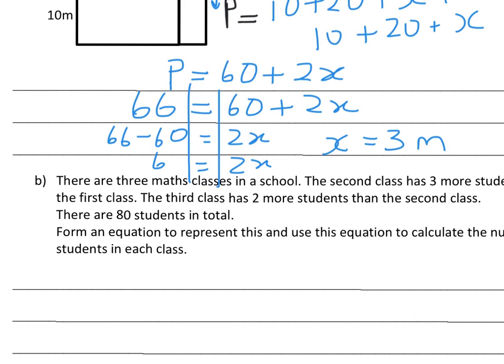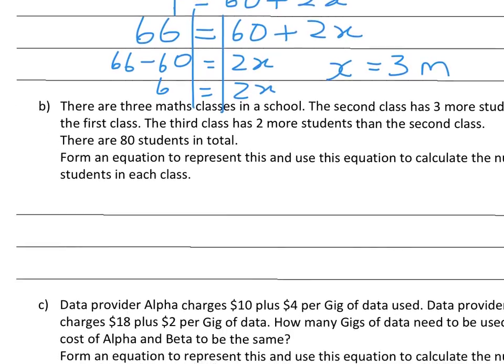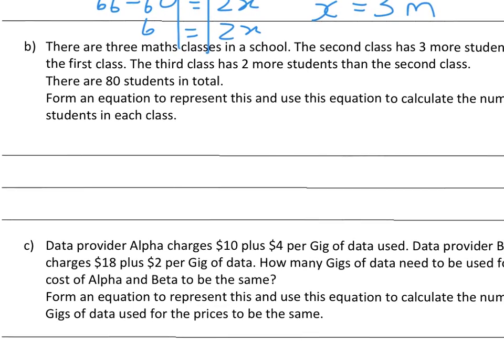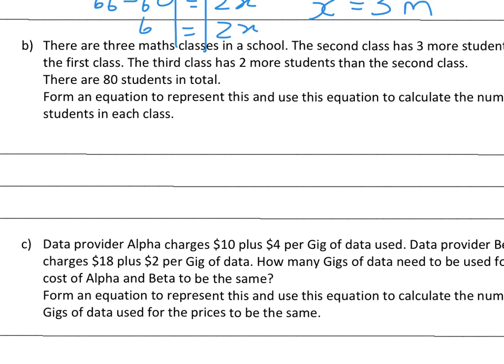In the next question, we've got some maths classes in school. So we're talking about students in class. Let's say the first class has M students. The second class has 3 more, so M plus 3 students.